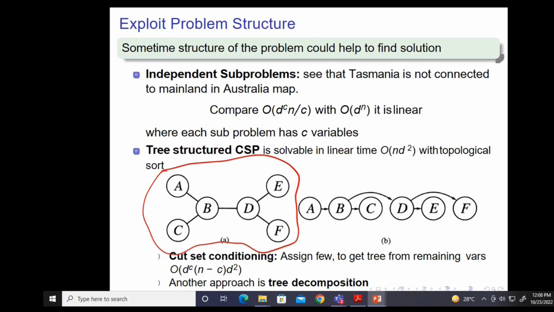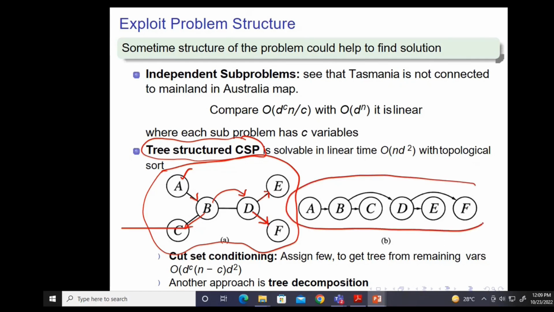So here, if you structure the problem into the DAG format, you say that I would first assign the value to A, then I would propagate to B. Whatever answer I have, I would propagate to C. Then B's value is propagated to D. Then it is propagated to E. Then I would propagate D's value to F. So you created this kind of directed acyclic graph, DAG.